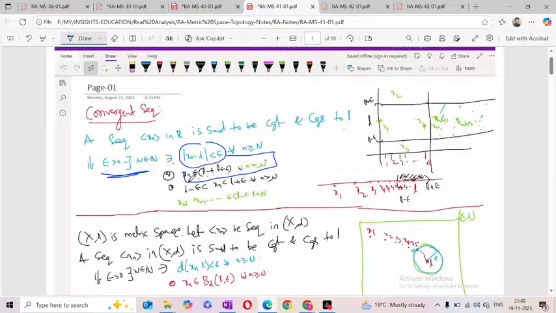That means after the capital Nth term onwards, each and every term is in between L minus epsilon and L plus epsilon.